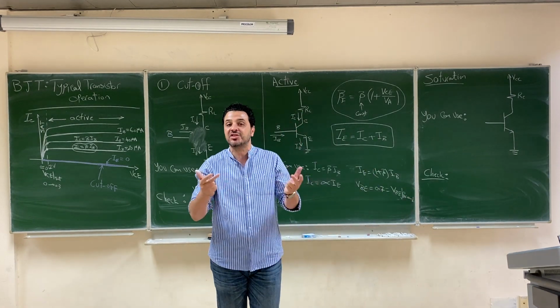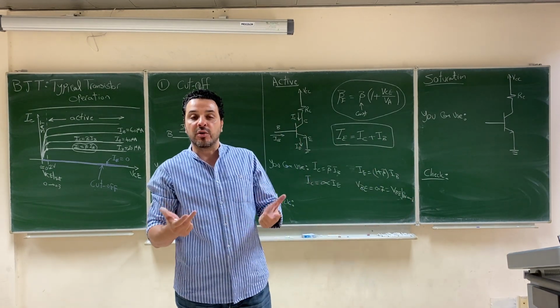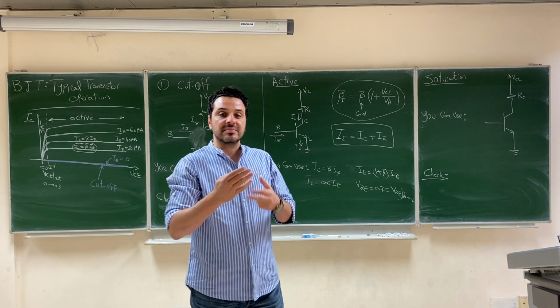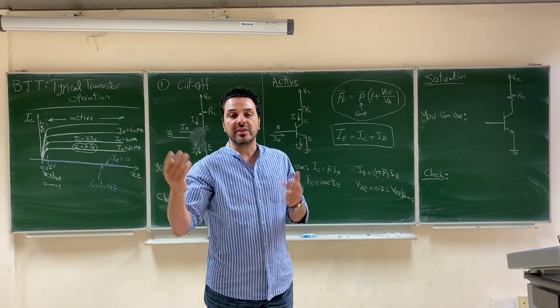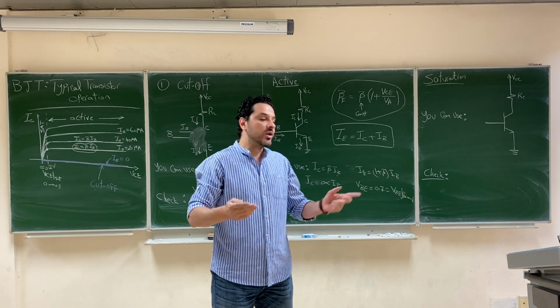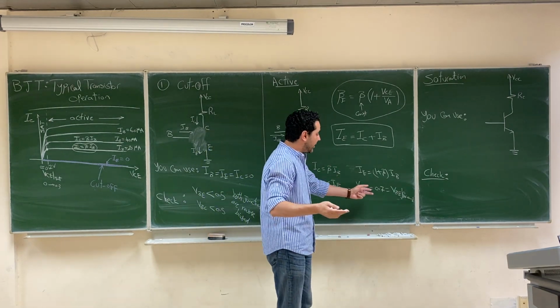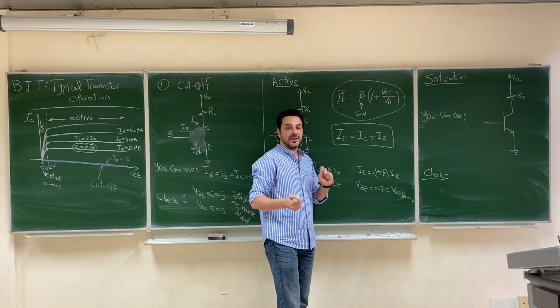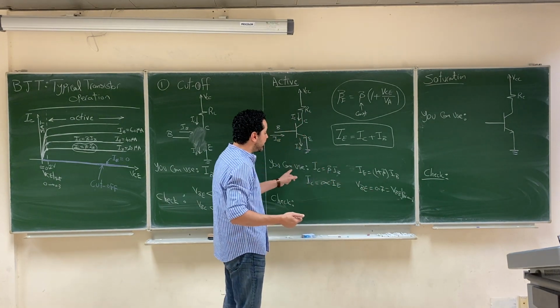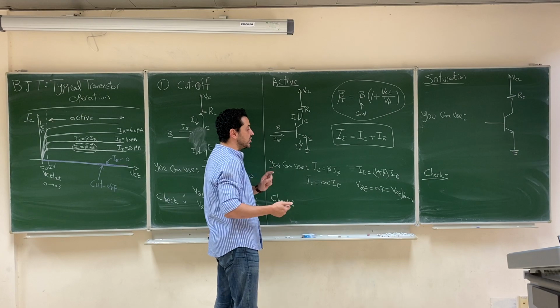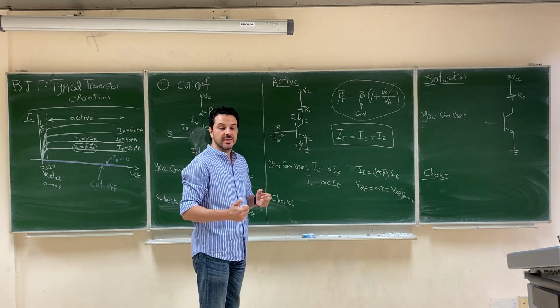The base emitter junction is just like a diode. The forward voltage of it can be anything between 0.7 to 0.8, right? Usually we use 0.7, but if in a question I give you 0.8, then you use 0.8. So in the active region, you can use all these equations to solve your circuit.